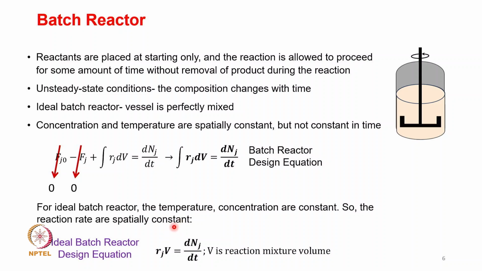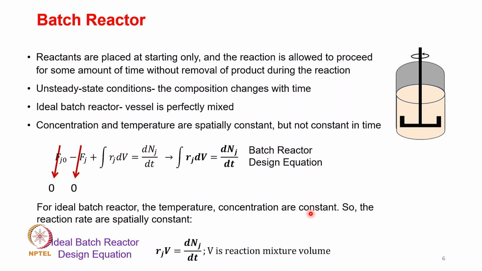The integral of Rj dV is equal to dnj by dt. If you assume that the rate is spatially constant, you can integrate dV separately by taking out the Rj. So the eventual relation will be Rj times V is equal to dnj by dt, where V is the reaction mixture volume.